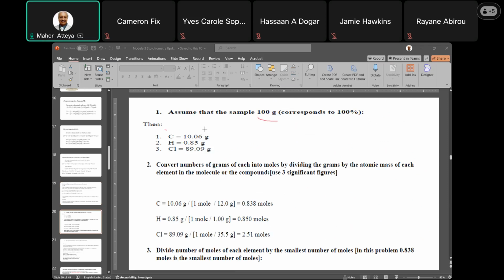You can see divide by the atomic mass. This is a different example, but the same thing. You get a percentage, it transfers into 100 grams, and then divided by the atomic mass of each element, you get number of moles. Now looking at this, the least one of all is this one here, 0.838, correct?